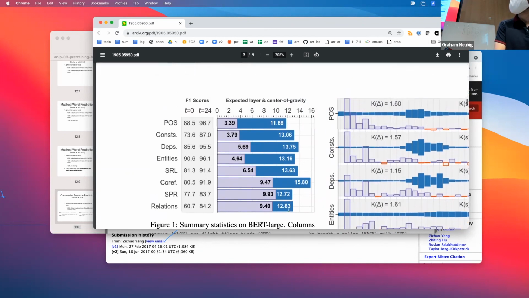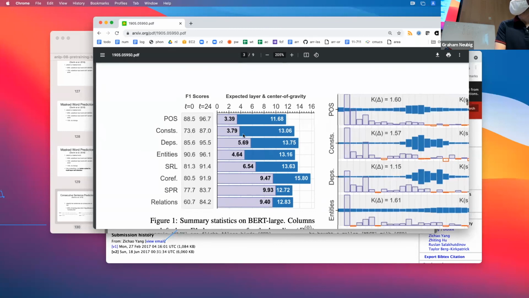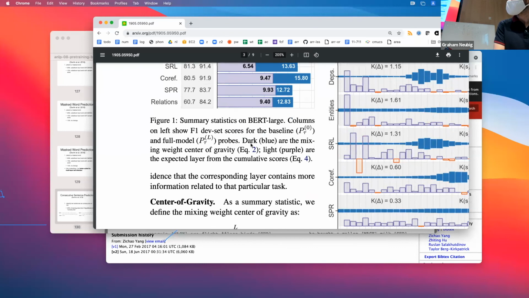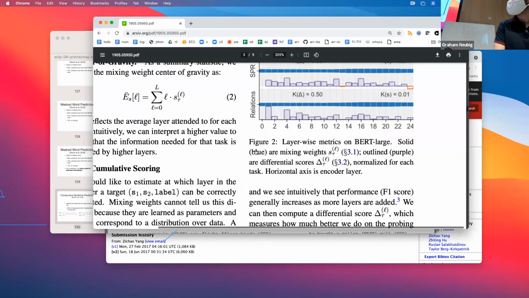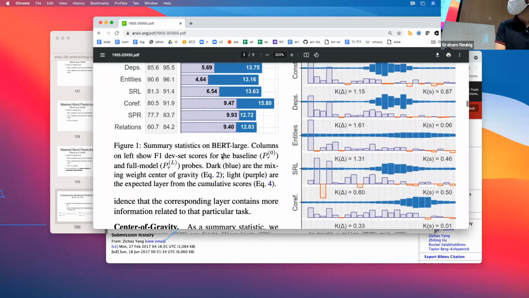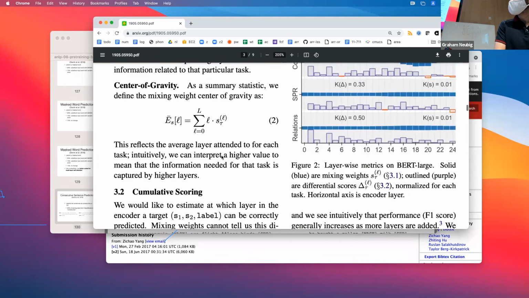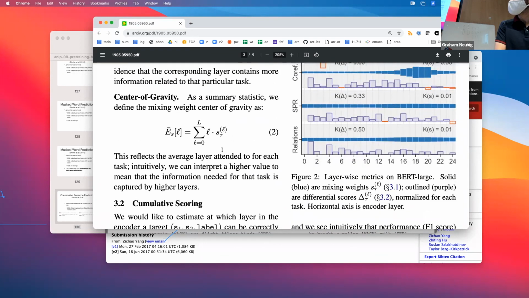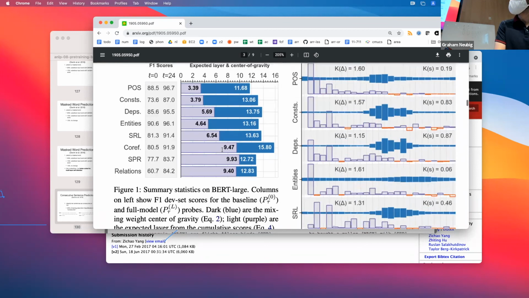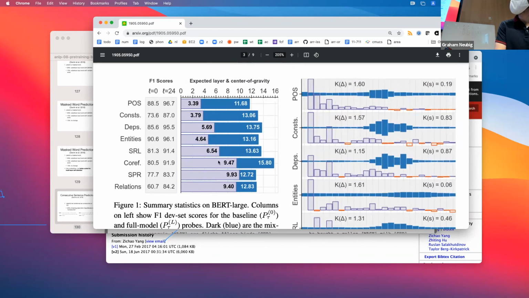I don't actually remember exactly the details of what all of these are, but I think basically the light purple is... I believe they learn a weight over the layers, where they attend to the representations in each of the layers, and they try to find which layers are ideal for solving each task.